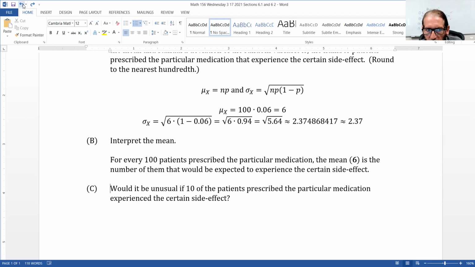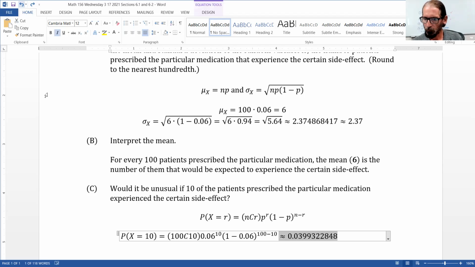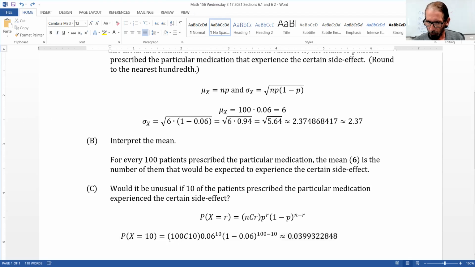So calculating the probabilities, since it is binomial, here's our formula. I stated that n was 100, and r would be 10, and that shows up in the combination and in this exponent. I'm going to show this calculation also on the TI-84.